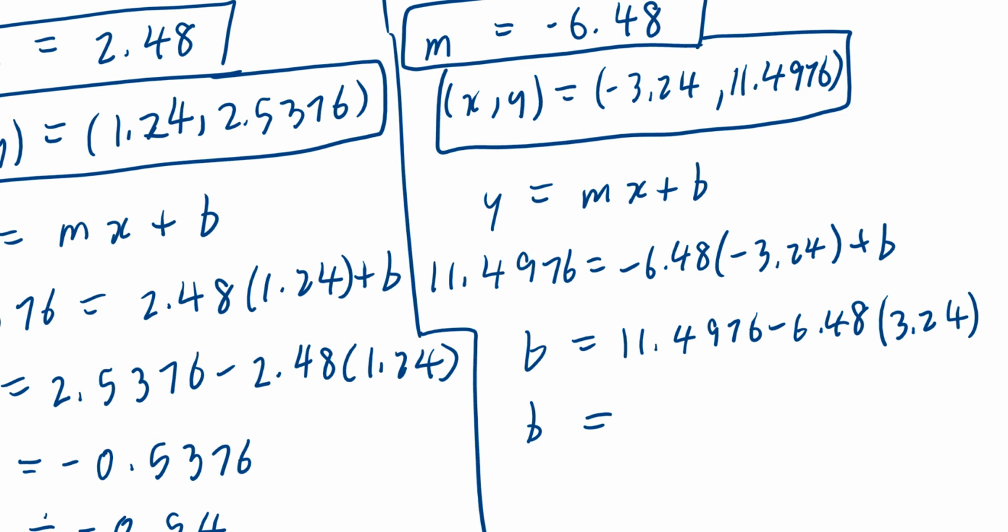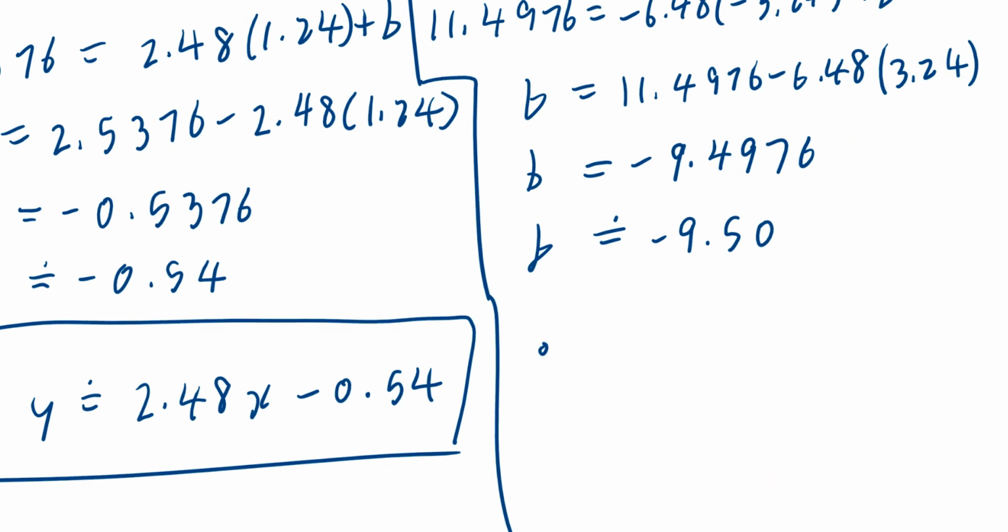So again, in the display, it's approximately negative 9.4976. If I round this to 2 decimal places, we're looking at negative 9.50. So this means, therefore, y equals negative 6.48x minus 9.50.